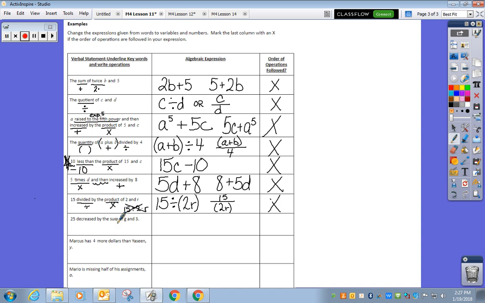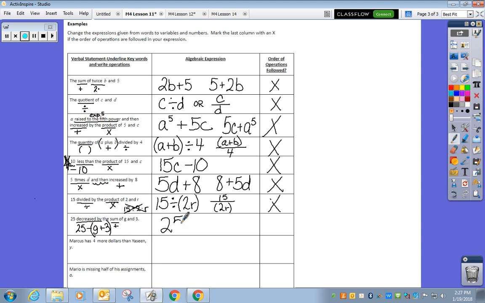25 decreased by the sum of g and 3. Decreased by, this is different from the subtraction problem before. If I'm taking a number and decreasing it by something, that means I'm taking the number and subtracting it by whatever I have. So it says 25 decreased by the sum, which is addition, of g and 3. Now again, if I were to write it like this, I would be doing 25 minus g first, but I want the sum or the answer to g plus 3 first, so I would need that in parentheses.